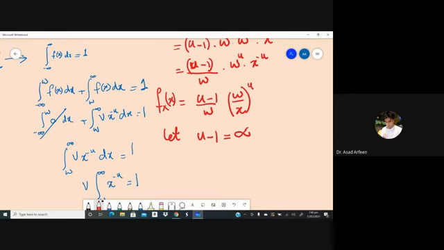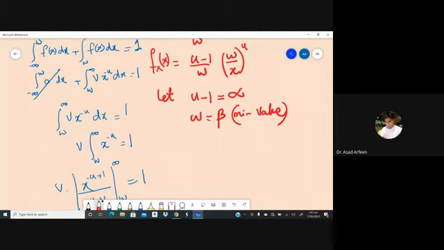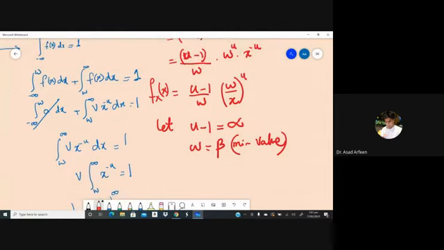And this w is the minimum value, so I take w equal to beta, the minimum value. We are just changing the notations to convert back to the standard form of the Pareto random variable. But still, if you insist, this is again our final answer. This is the density function of a Pareto random variable.